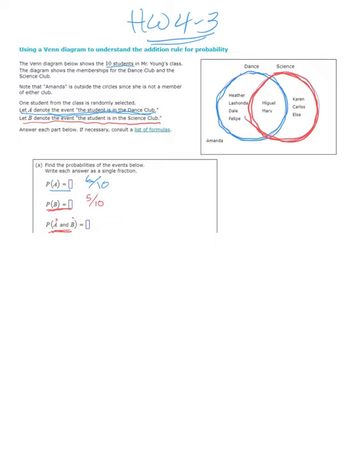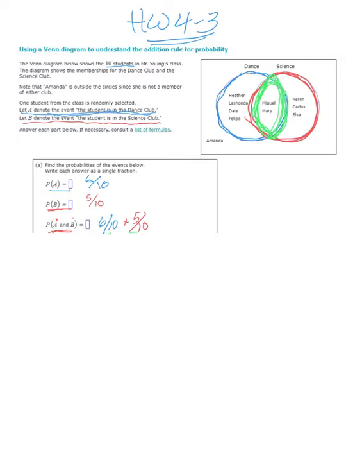So we found that this was the probability of being in the dance club, and this is the probability of being in the science club. If I were to add those together right now, I have counted this guy and this girl, these 2 students here, twice. They got counted here and they got counted here.